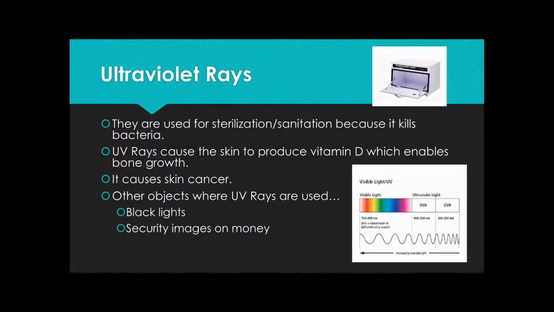Some other objects that give off UV rays are black lights and security images on money. If you've ever gone into a store and you see the cashier hold a UV light up to a bill, they're looking for this band that's inside of the bill, and it's a different color band for each specific bill, and it also has the denomination on it.